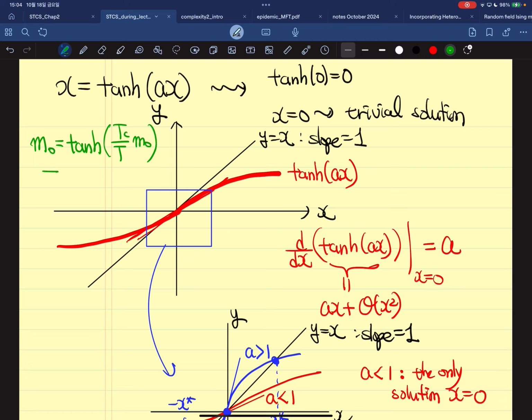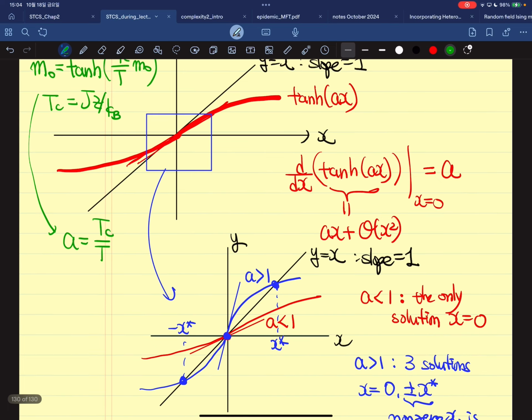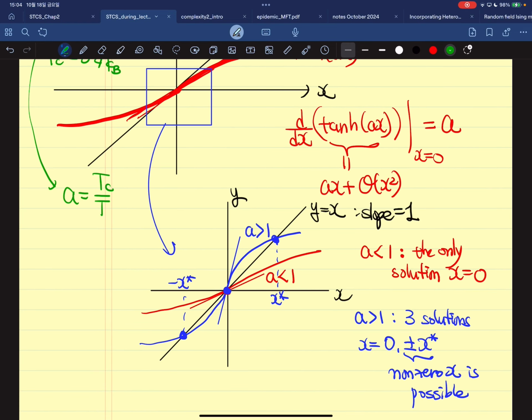And here Tc is this variable. So here, of course, the slope A corresponds to Tc over T. If we interpret this physically, this corresponds to Tc over T smaller than 1, or T larger than Tc.